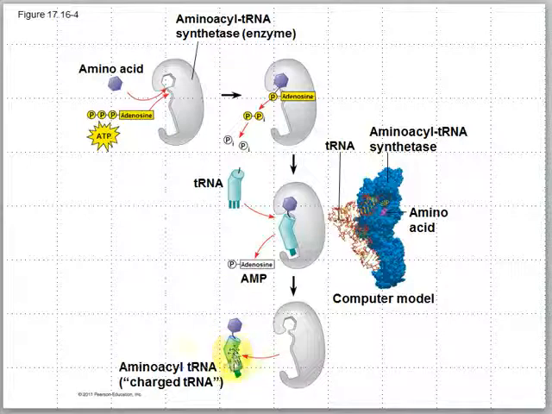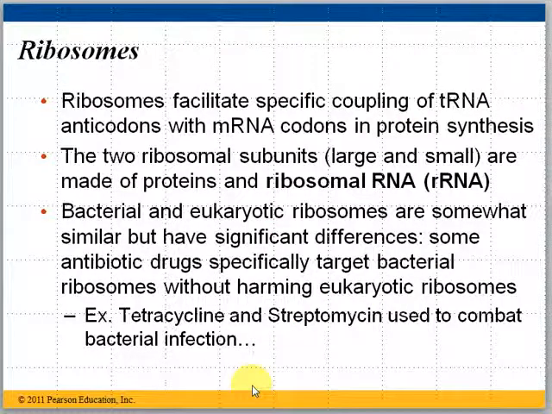So this would be a charged transfer RNA. It is set up, it has its amino acid, now it needs to head off and find a ribosome and match up its anticodon with the codon on the messenger RNA. So now that our transfer RNA is loaded up with an amino acid, it is off to find a ribosome. Ribosomes are where the action takes place.